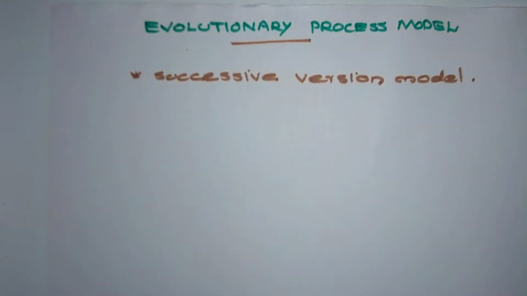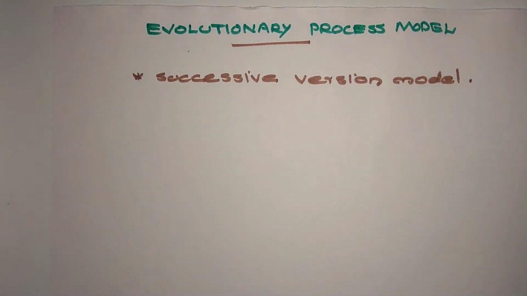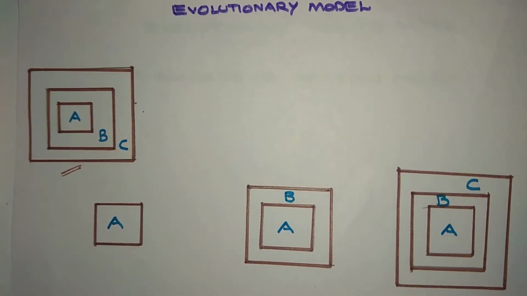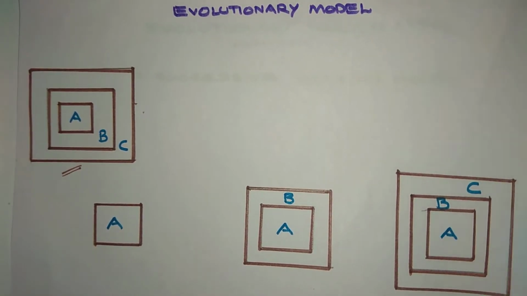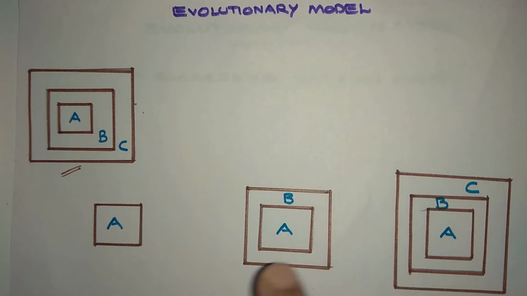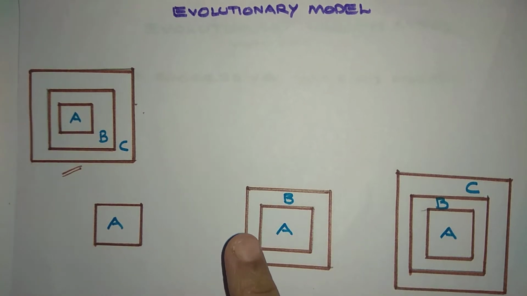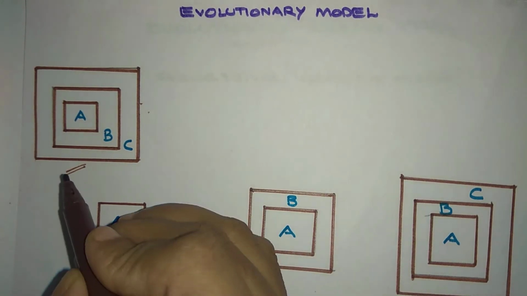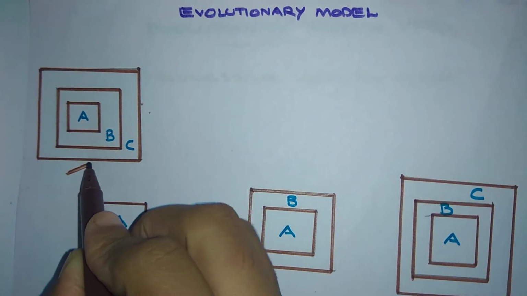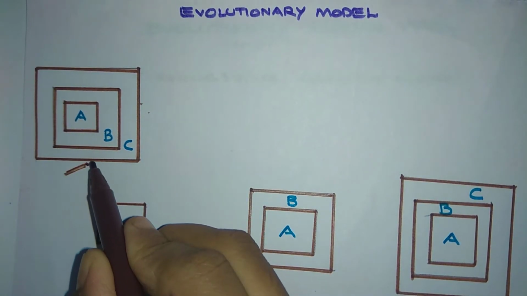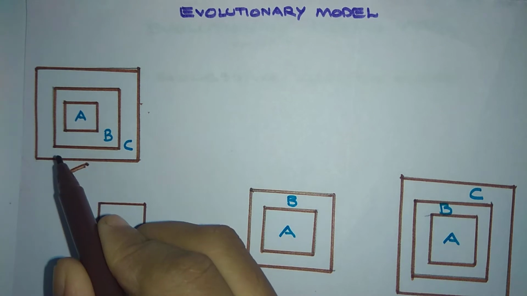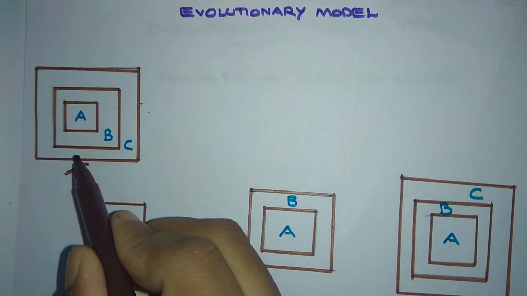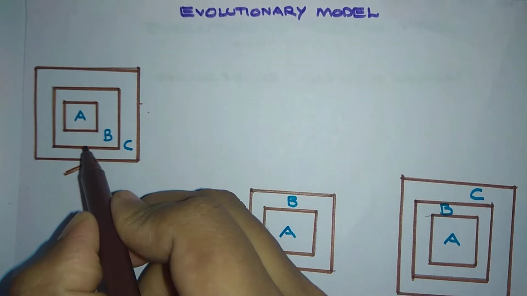Let us explain this with a diagram. Suppose a customer approaches a software company for software with certain specifications. The software company will develop a diagram or design based on the requirement of the customer, and ask the customer whether the design satisfies the requirement.